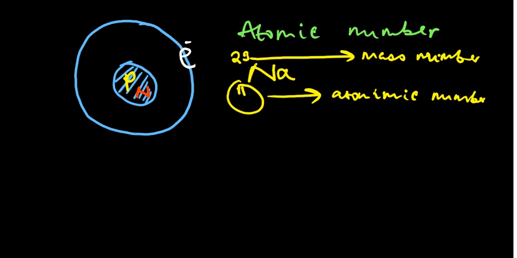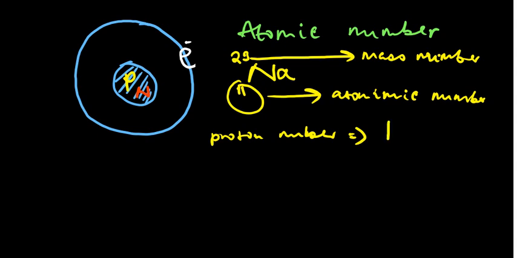Now, in order for us to determine the mass number, we must add the atomic number, which is also called the proton number. The proton number is simply the number of protons in that atom.